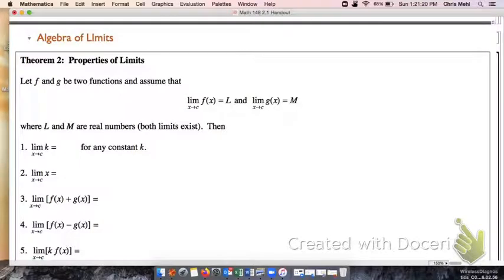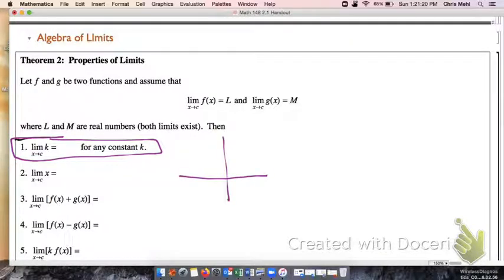So, like, number one, the limit of a constant k as x approaches c. Let me use purple, actually. Now think about this graphically. Here's the value k.